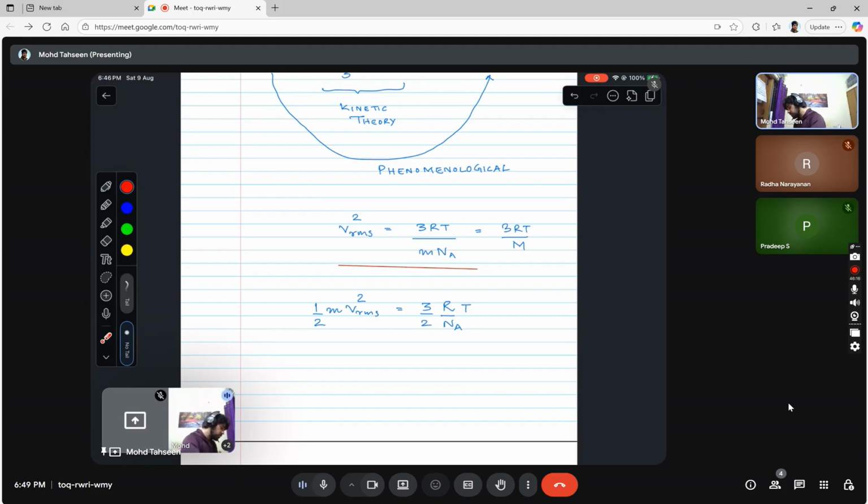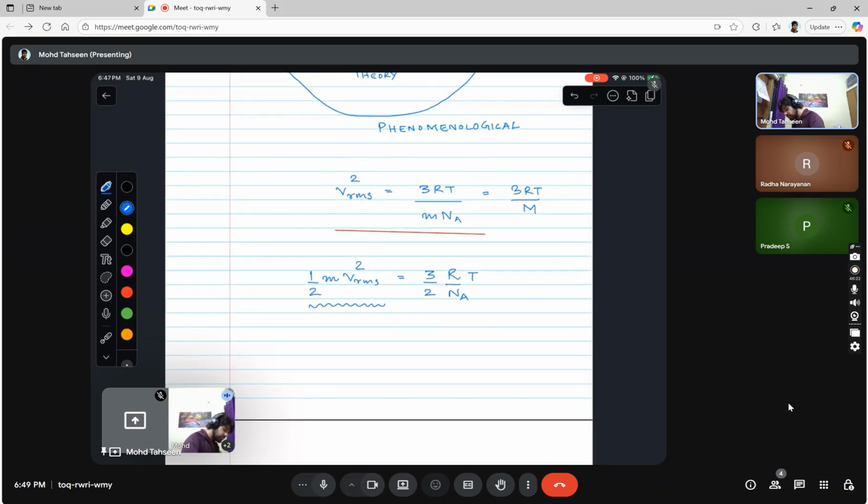Now this quantity here is the average kinetic energy of one particle, right? One particle. And this is equal to 3 by 2, and this R, which is the gas constant, divided by Na, is called the Boltzmann constant, Kb.